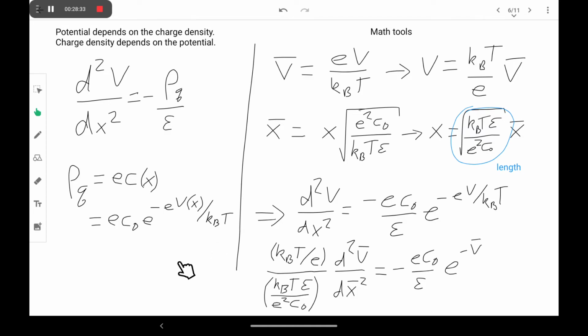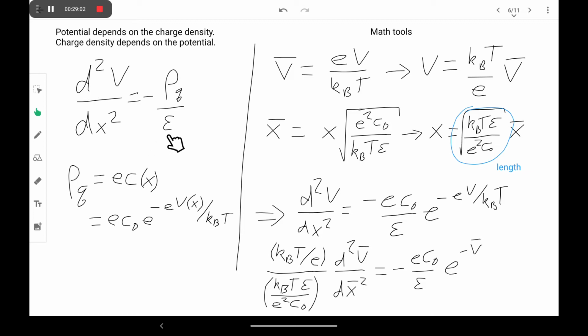Remember, it's the diffusive energy, the thermal energy, that's allowing it to diffuse away. But it depends on how strong that attractive force is, which would be the potential energy associated with that potential, given here by the charge times the potential. So this is our relationship. This is what we have for rho, but it depends on V. And so we end up plugging this whole thing in for the charge density.